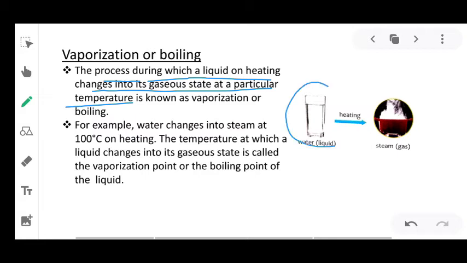Like water on heating, the water changes its liquid state to gaseous state. Okay, and the temperature required to change the liquid state to gaseous state is 100 degrees Celsius. Okay, and the temperature at which a liquid changes into gaseous state is called vaporization point or boiling point of the liquid.